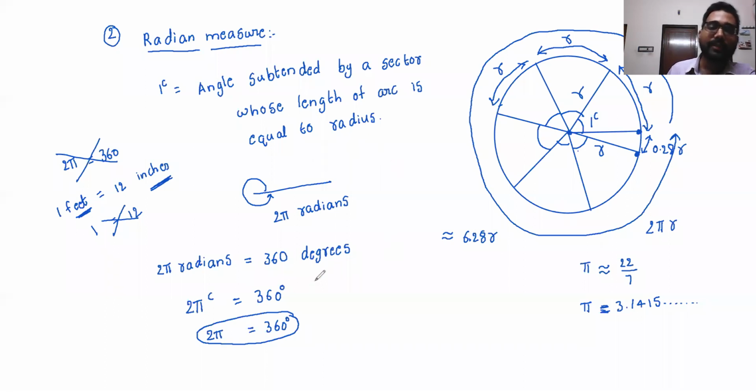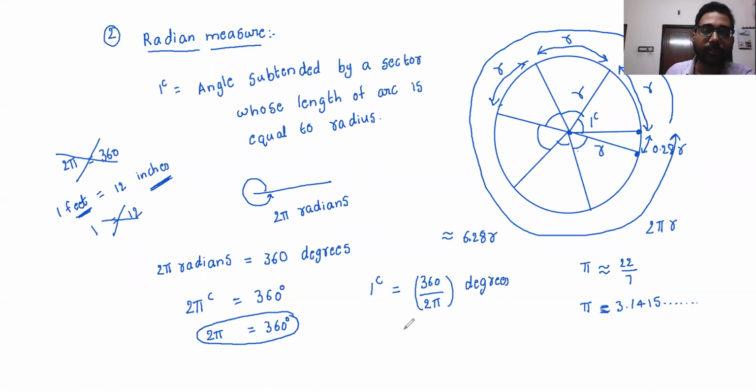So 2 pi radians is 360 degrees. So what will be 1 radian? Just divide this by 2 pi. So 1 radian is going to be 360 by 2 pi degrees, because we know 2 pi radians is equal to 360 degrees.